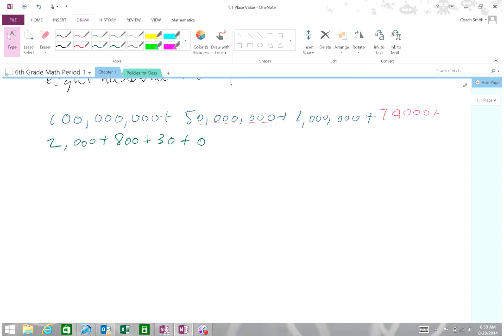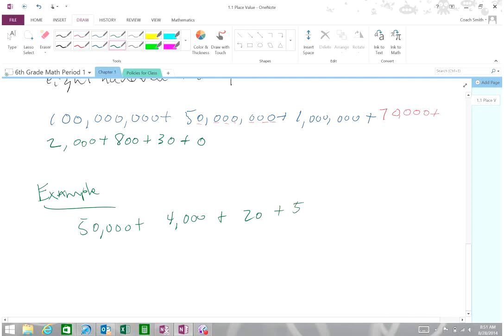So, for example, let me give you a short example. Short example would be this. Okay, this is a short example.